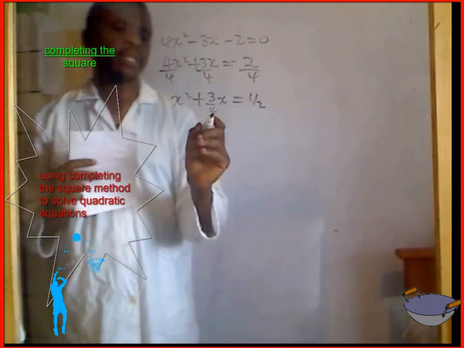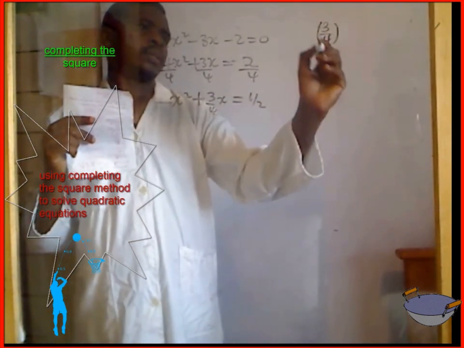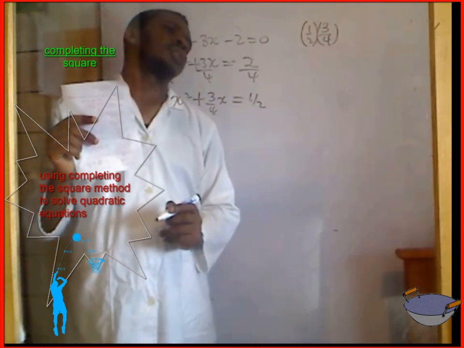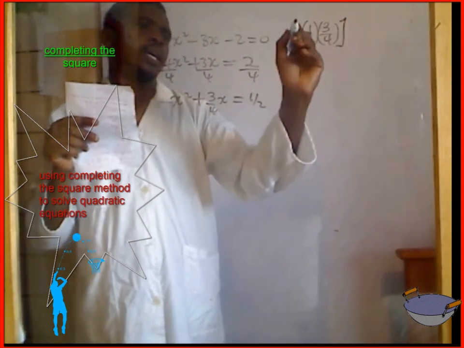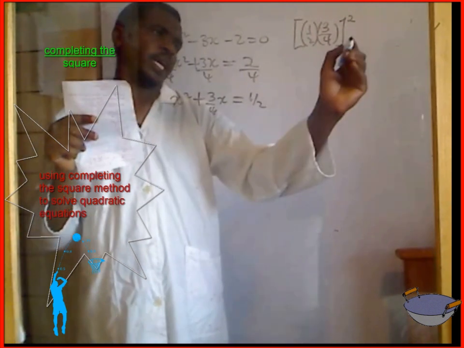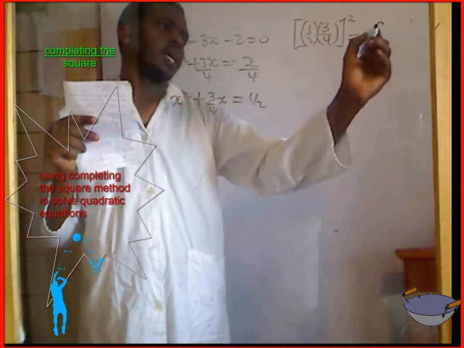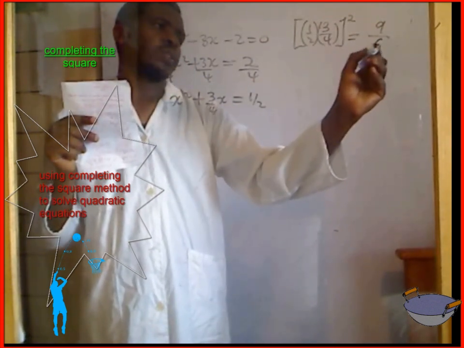Now, what's the coefficient of x? It is 3 all over 4. So half of it will be half times 3 all over 4. We have to add half the coefficient of x, all squared, on both sides. This will give us 3 squared, which is 9. This is 2 times 4, 8. 8 squared gives us 64.